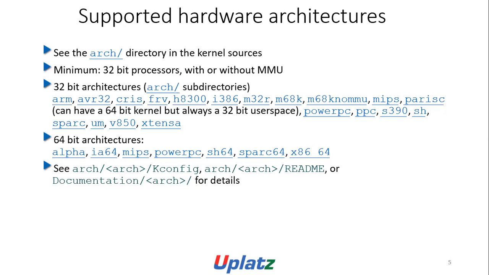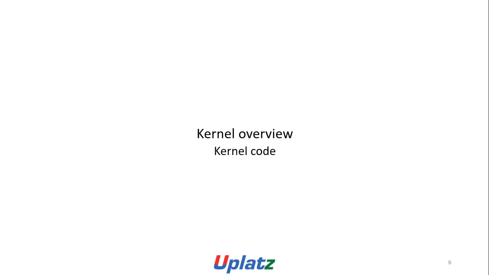For RISC you can have a 64-bit kernel, but always a 32-bit userspace: powerpc, ppc, s390, sh, sparc, v850, xtensa. 64-bit architectures: alpha, ia64, mips, powerpc, sh64, sparc64, x86_64. See arch/<arch>/Kconfig and arch/<arch>/README, or the Documentation/<arch>/ directory for details.